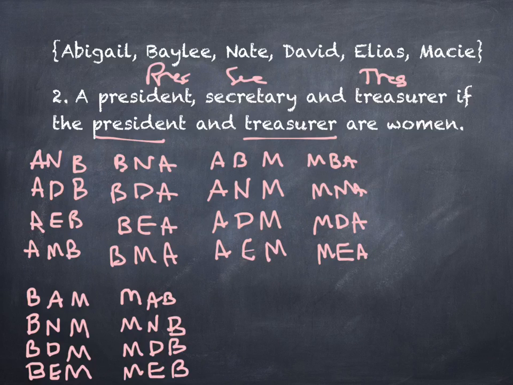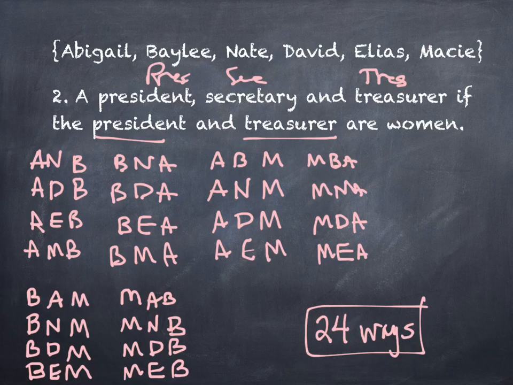Did I get them all? I think I did. How many are there? There are 24 this time. Again, it's not necessary at this exact moment, but we're going to come back to this in 10.2 and talk. So I'm making mention of this: there's 24 different ways that this could have been formed.